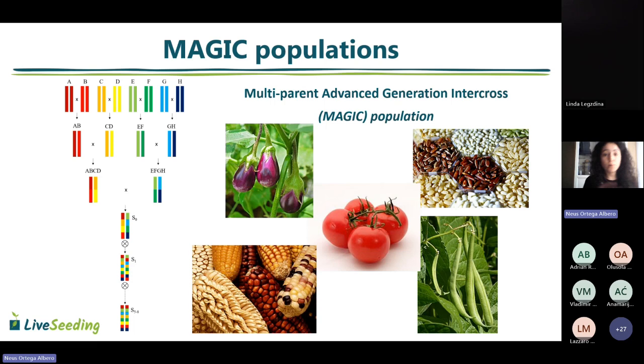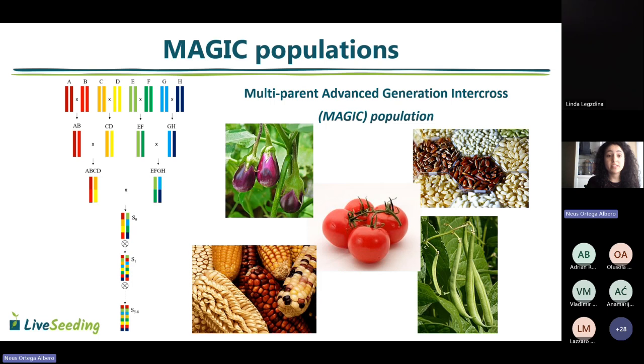So the most popular design of this multi-parent population is the multi-parent advanced generation intercross, or what we call a MAGIC population. These populations are based on the intercross of more than four founder lines, typically 4, 8, or 16 founder lines, but even 24 or 36 in some cases I read, followed by a funnel breeding design.